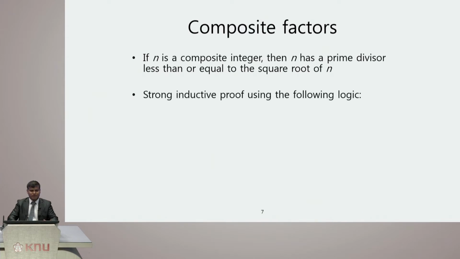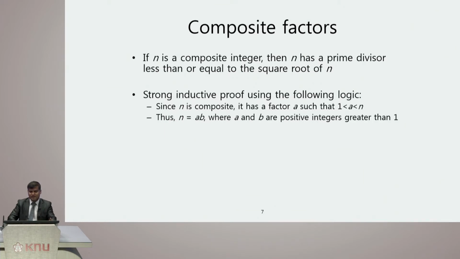Let's examine. This is a kind of strong inductive proof. We have the following logic: n is a composite. It has a factor a such that a lies between 1 and n. In other words, a is greater than 1 but less than n. Thus n equals a times b, where a and b are positive integers greater than 1.